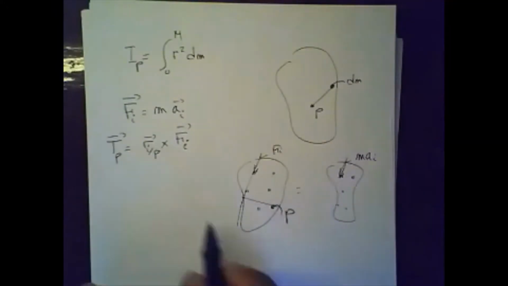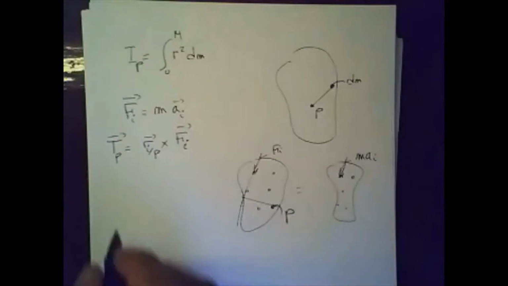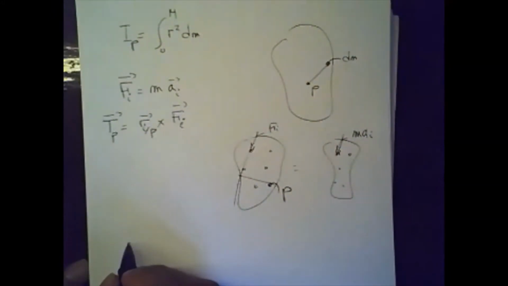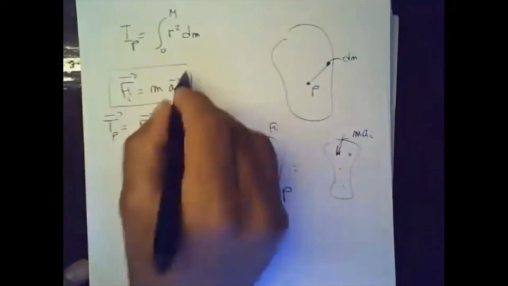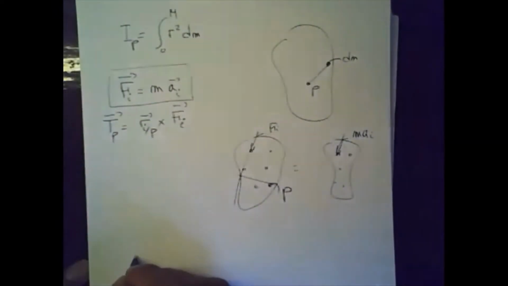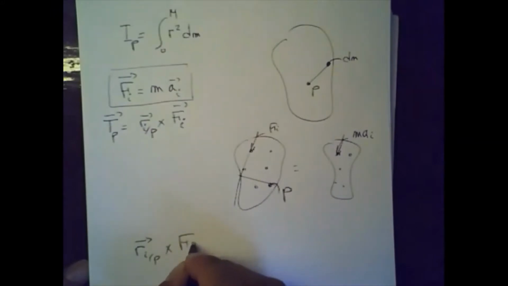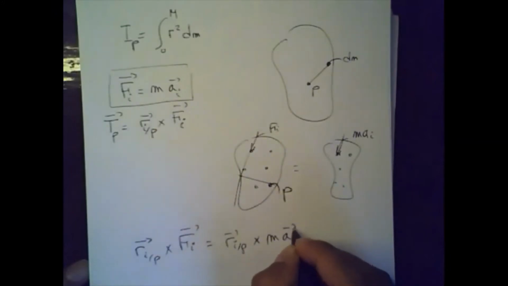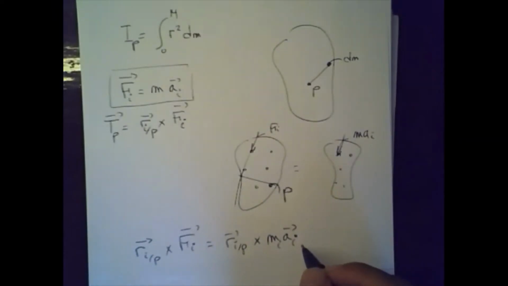So here's what we're going to do. A rigid body is essentially a bunch of points, and I'm going to take the torque of each force and the torque of each m a. So I'm going to write R i with respect to P cross Fi, which is equal to R i with respect to P cross m i times the acceleration of point i.